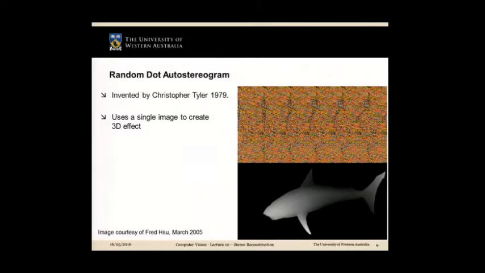So random dots, you move some object, and that gives you a depth sort of perception. I'm not sure, have you guys seen these sort of posters or not? You shift them a bit, and it gives you a depth sort of information. Although it's just a 2D image, the way information is represented there gives you the depth perception, right?